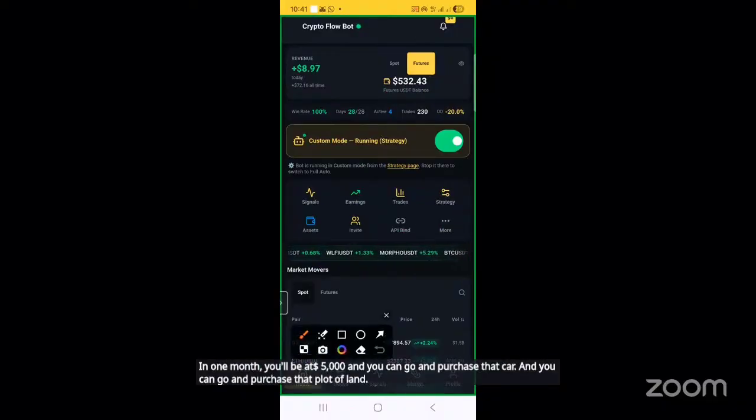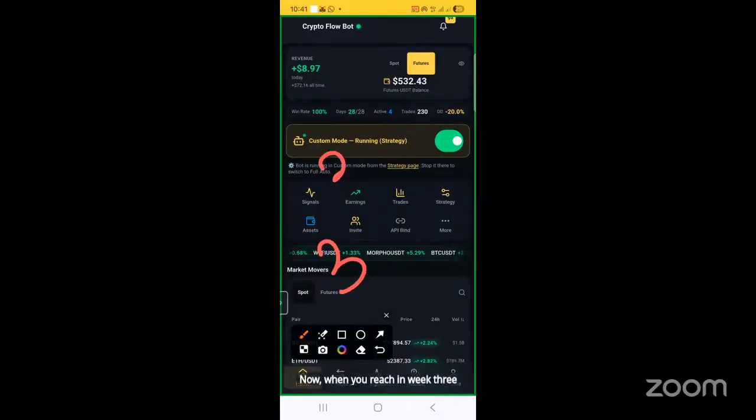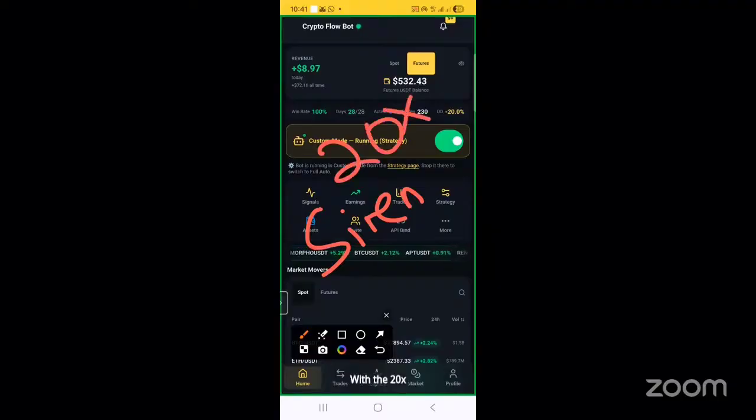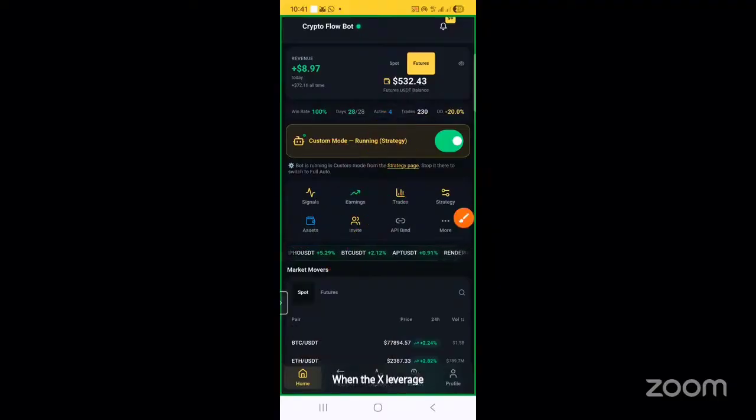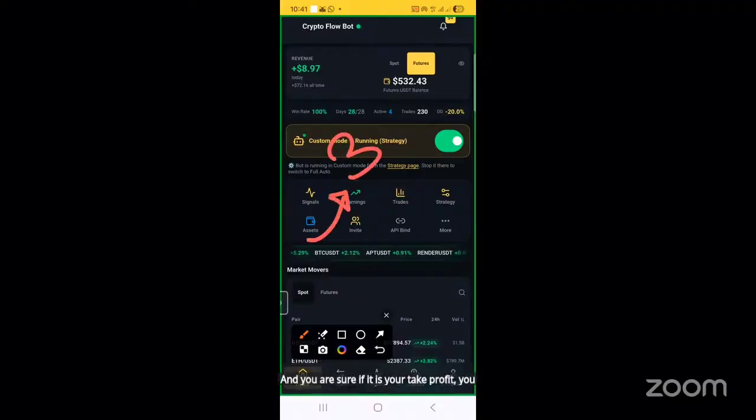Now, when you reach week 3, you're at around $3,000. You enter a trade. You enter Siren USDT with 20x leverage. And you are sure if it hits your take profit, you will come out with $3,000.